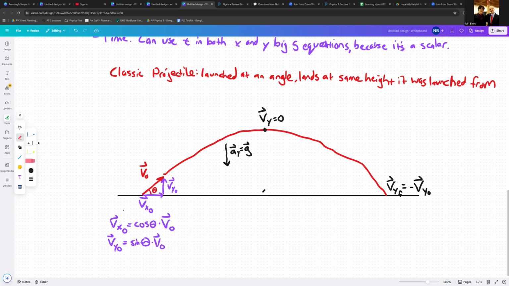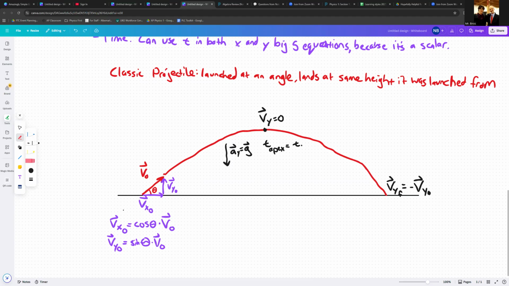Cool. A couple other things to point out is in this particular example, the time to apex is equal to 1/2 of the total time. So that total time, let's see if we can do a better subscripting job here.